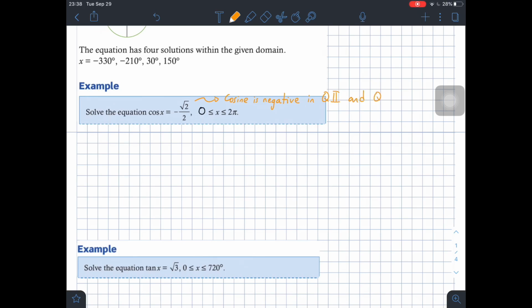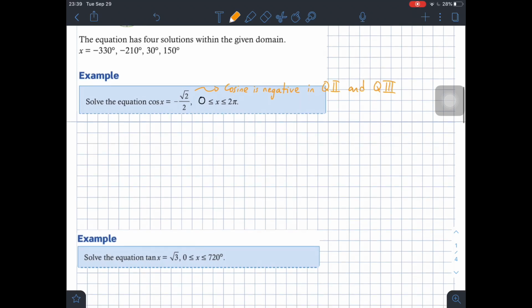So we would have two answers, one angle in quadrant 2 and one angle in quadrant 3. Okay, so that's the first analysis you should do in order to solve the problem.